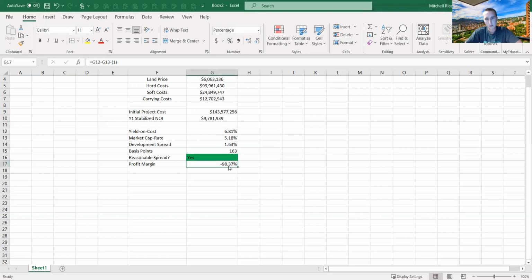Excuse me. So you're going to divide your yield on cost into your market cap rate and then subtract 1. You can see our profit margin on this project would have been about 31%. Then you can hone down on an actual dollar profit if you take 31% times the initial project costs. So we are assuming we can make about 45 million on this project at this profit margin.